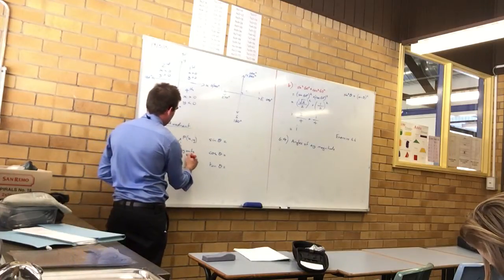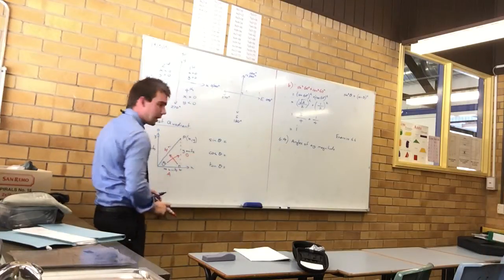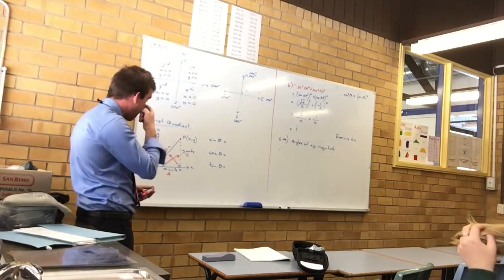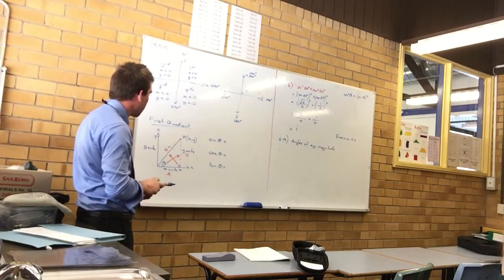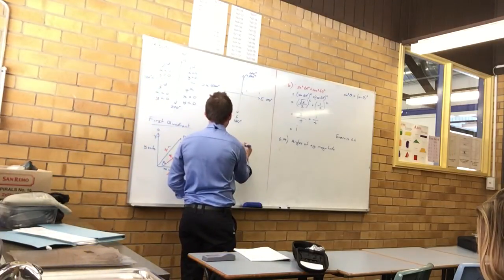From the marked angle, the opposite side is opposite, and the side left over is the adjacent. So sine theta is opposite over hypotenuse. Yes, you need to know these well.